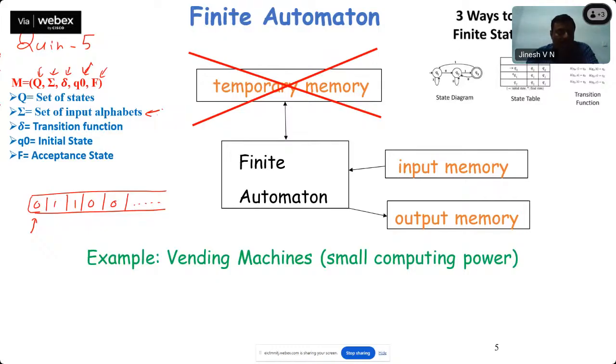Usually if it is a fully automatic washing machine, after rinsing, what will it do? It will go for drying. Rinse, then dry. For drying, what will it do? First, it will remove the water.